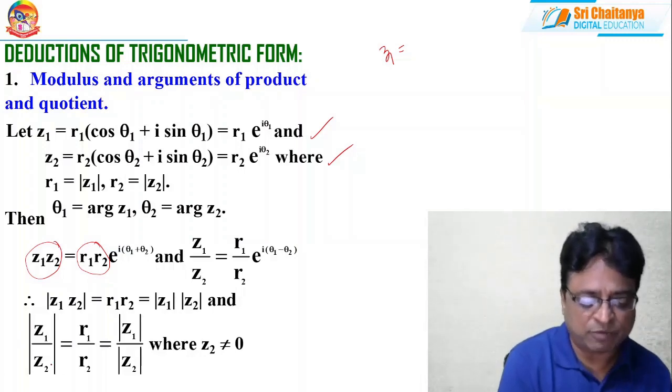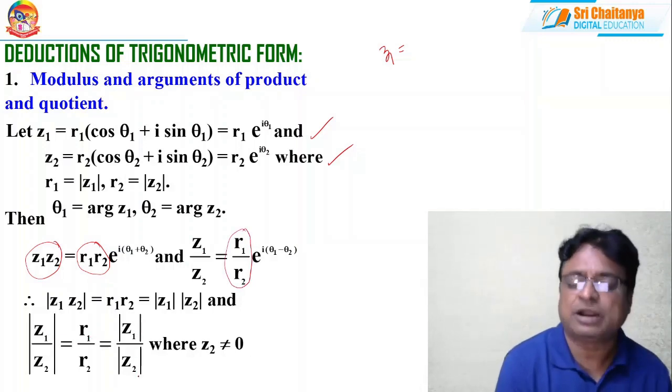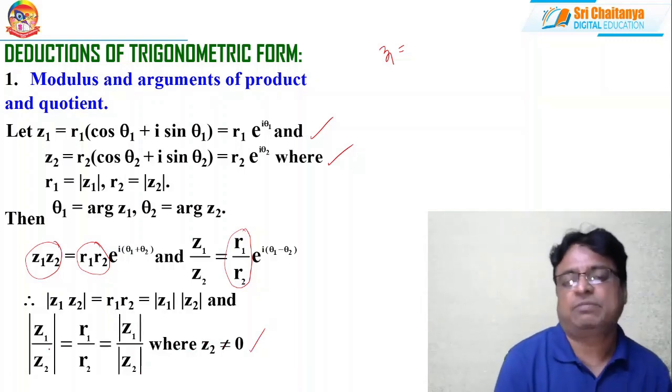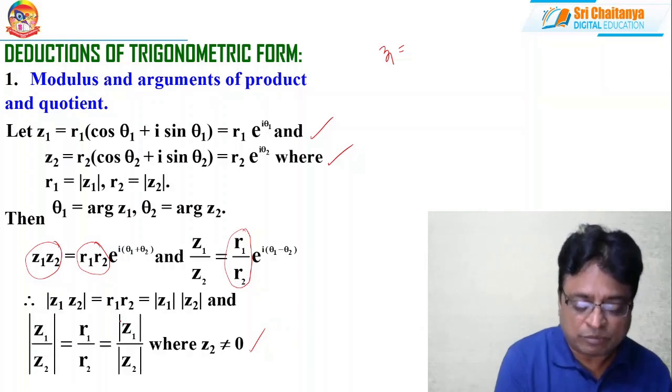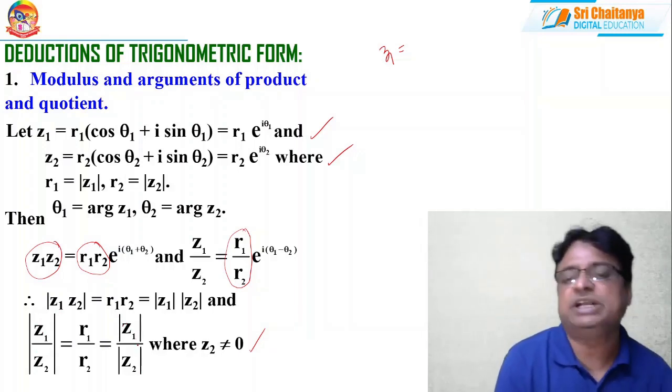Similarly, the modulus of the quotient Z1 by Z2 is R1 by R2, where R1 means mod Z1 and R2 is mod Z2, where Z2 is not equal to 0. This is what: the modulus of the quotient of the complex numbers is equal to the quotient of the moduli of the complex numbers individually.